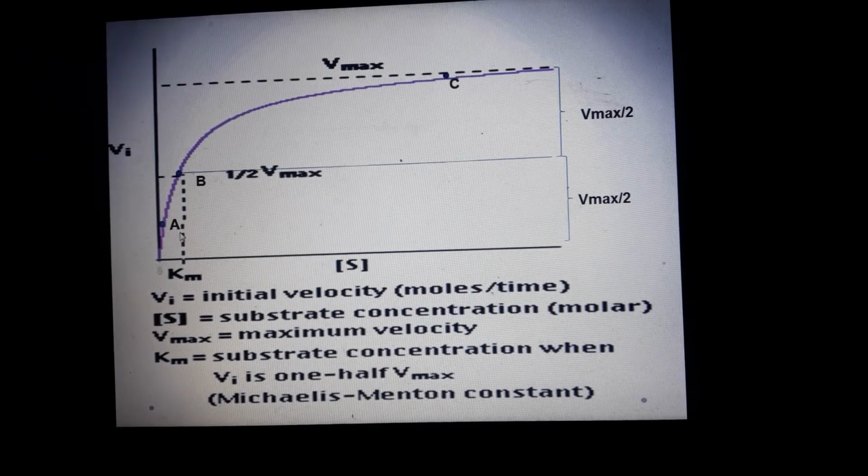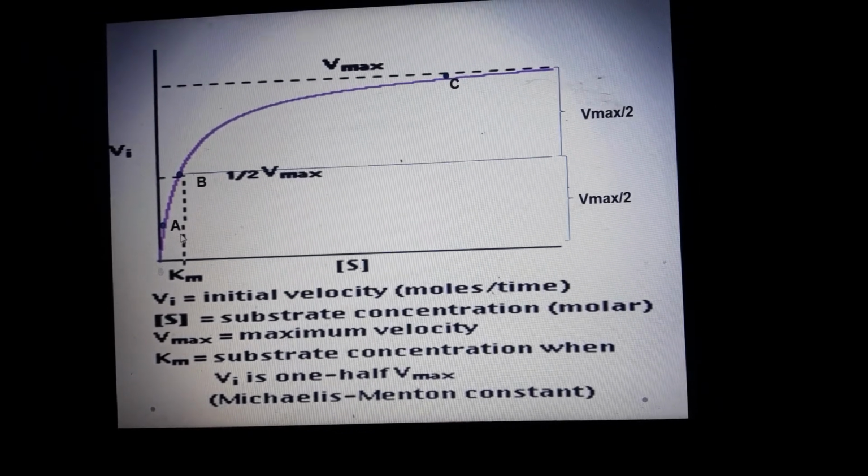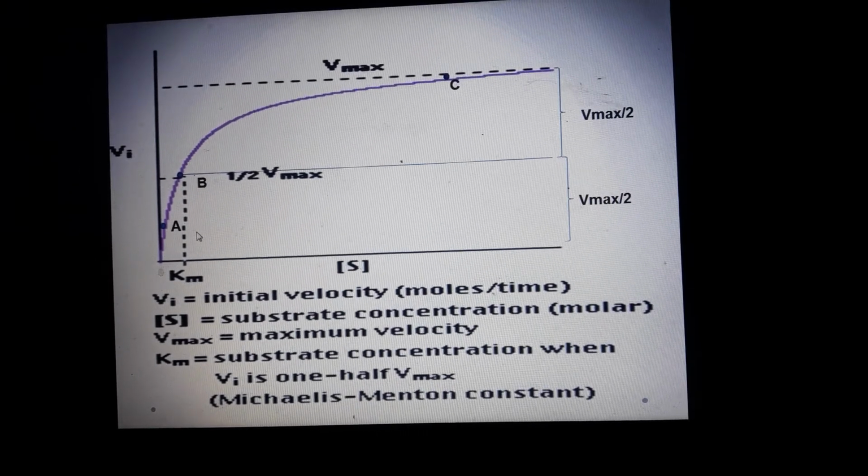And A refers to the velocity at that point too. It depends on the data you extract. A is like your initial speed, and then your Vmax, your C, is the maximum.